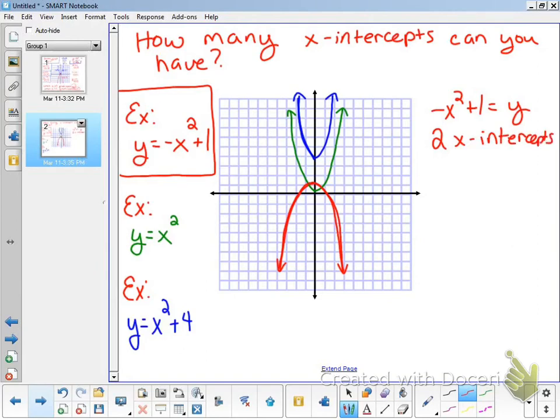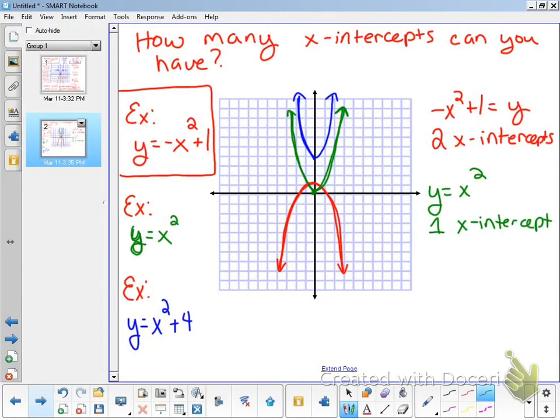All right, now, looking at the green one, this is our parent graph of y equals x squared. So you can see the graph here. How many x-intercepts does it have? Well, in this case, it is sitting on the x-axis. So y equals x squared has 1 x-intercept.